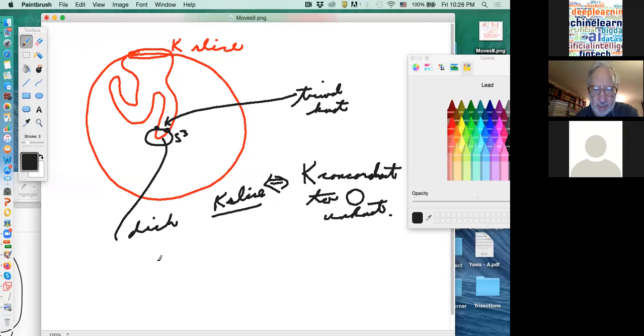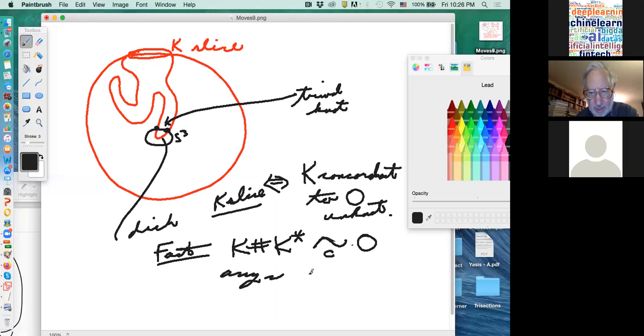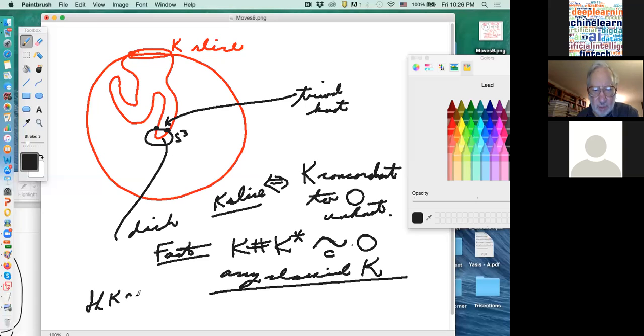Now, it is a fact that K connected sum K star is concordant to the unknot for any classical knot K. And if K is concordant to K prime and L is concordant to L prime, then K connected sum L is concordant to K prime connected sum L prime.